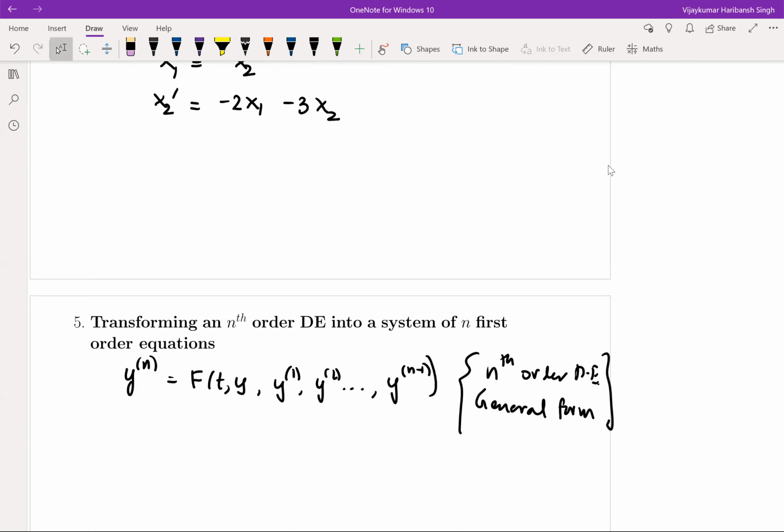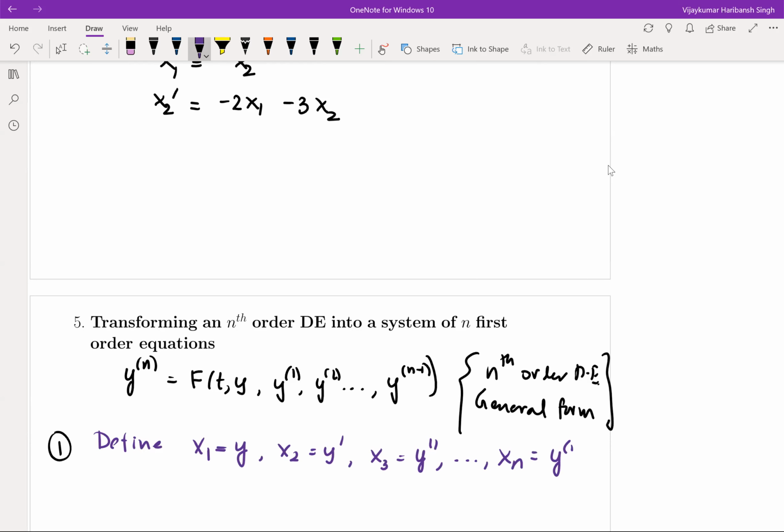So now, what we do is the following. We define x1 to be your y, x2 to be y prime, x3 to be y double prime, all the way until xn to be y to the n minus 1 prime, like this, right?